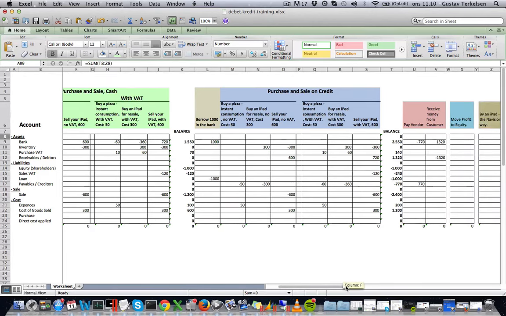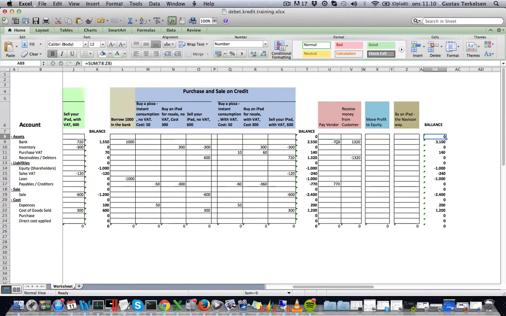So in the next transaction here, which is called move profit to equity, that is what NAV calls the close income statement. And what it does is that it cleans the profit and loss, and it moves everything up to the equity account. This is typically something you do at the end of the year.